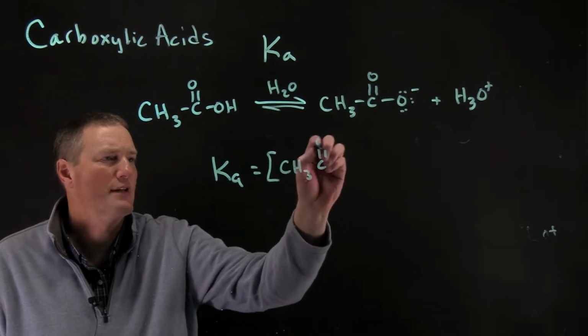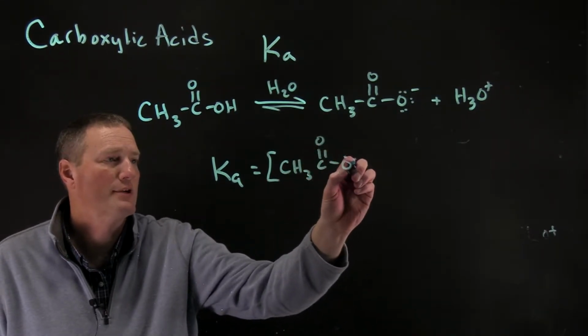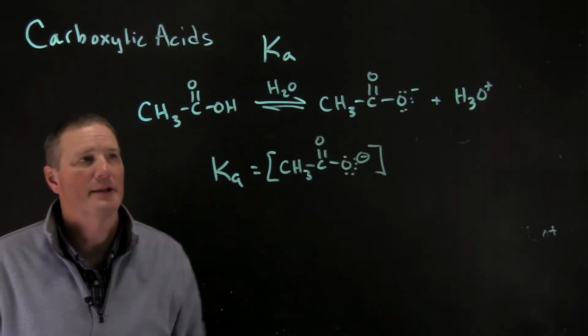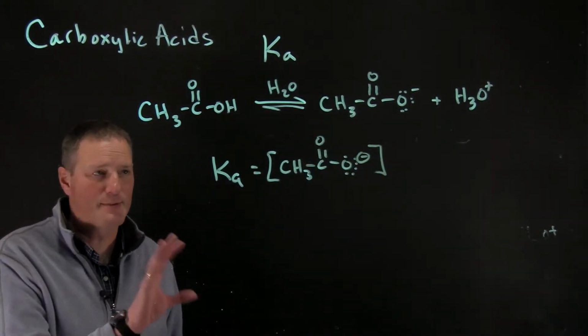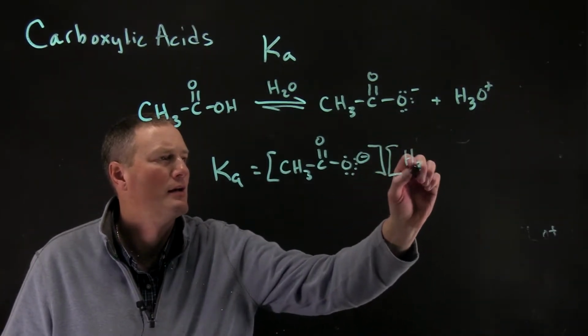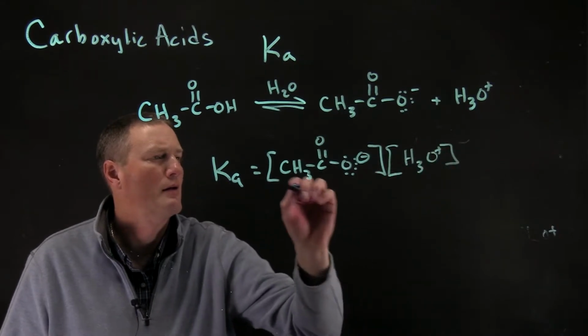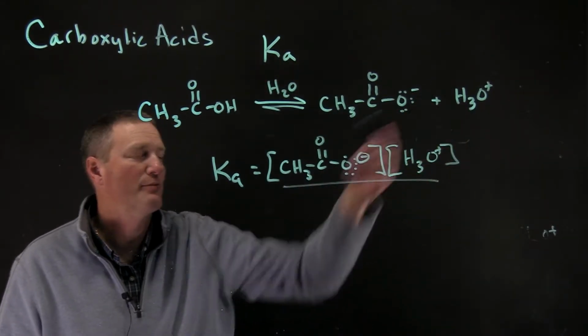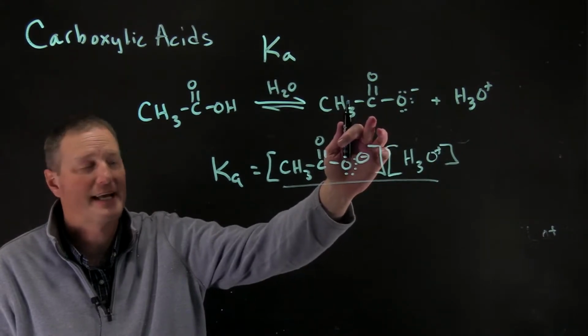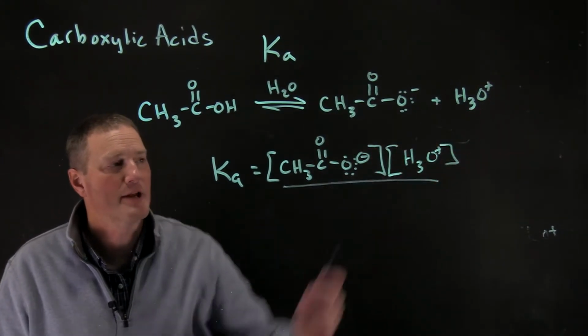So you actually covered this in your general chemistry, looking at how to define the equilibrium constant. Again, this is a specific equilibrium constant for acids. So there's the concentration of my products. We have the carboxylate anion, which in this case is called acetate anion, and hydronium, H3O+.